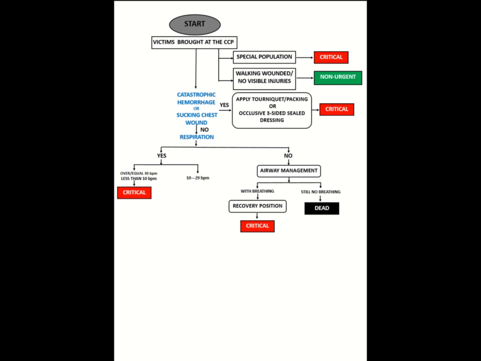However, if it's within the normal range, meaning 10 to 29 breaths per minute, we proceed to the next criterion, which is the perfusion. And as far as the perfusion is concerned, we will be checking for either the pulse or the capillary refill. If the pulse is weak or absent or the capillary refill is over 2 seconds, we tag that patient as red.